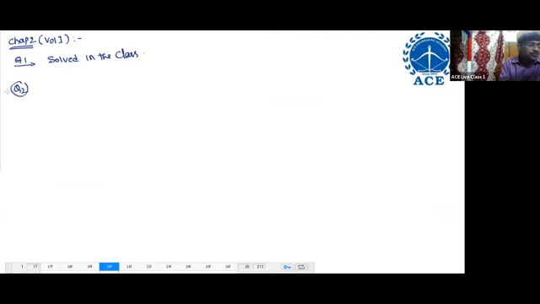Question number 2. In question number 2, we are having 2 forward paths and 3 loops. If you write the transfer function C of S by R of S, open the booklet all of you.